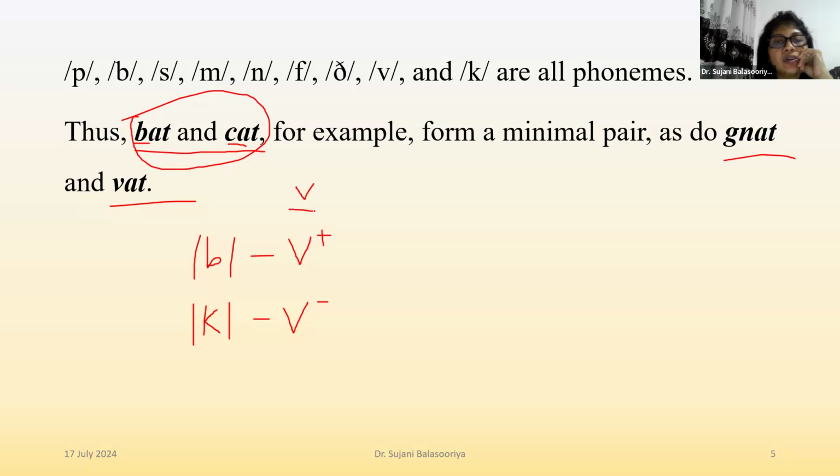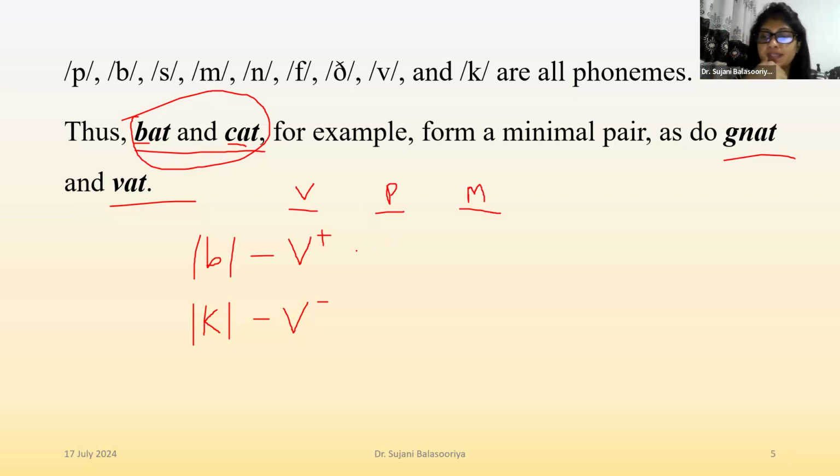Talking about the place of articulation and manner of articulation, these are the three deciding factors about consonants, right? Talking about the place of articulation, do you have anything? Are they different or similar? Or both are the same? Place of articulation, which means in which place inside your vocal tract you produce b and k.